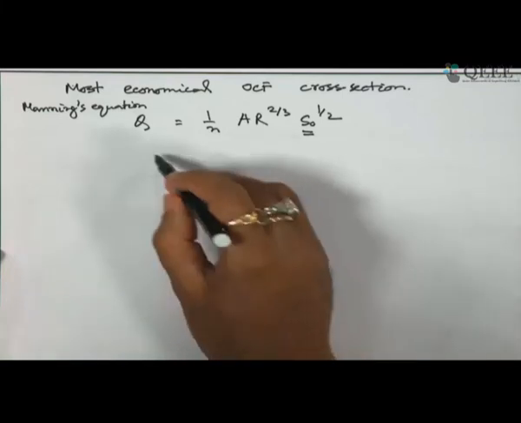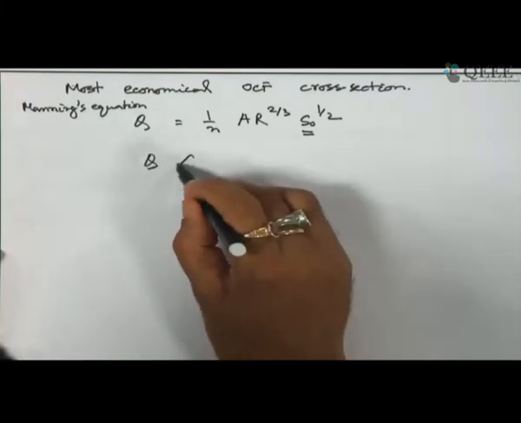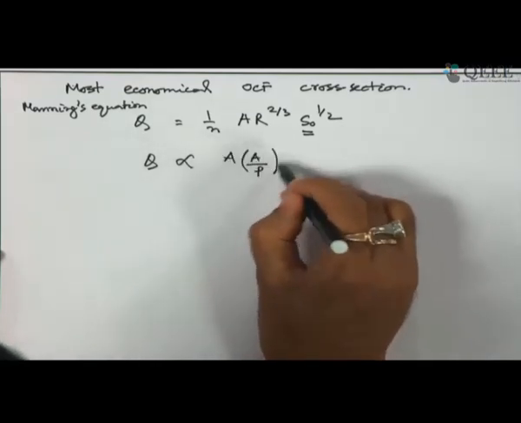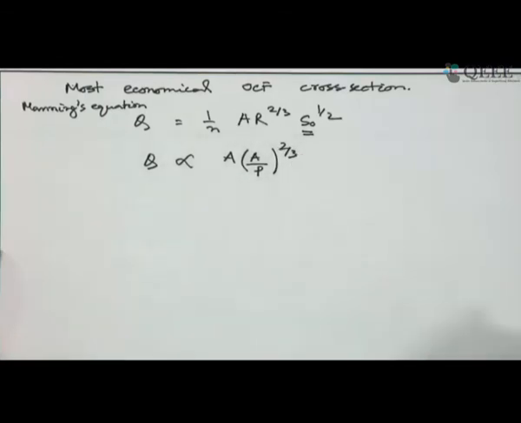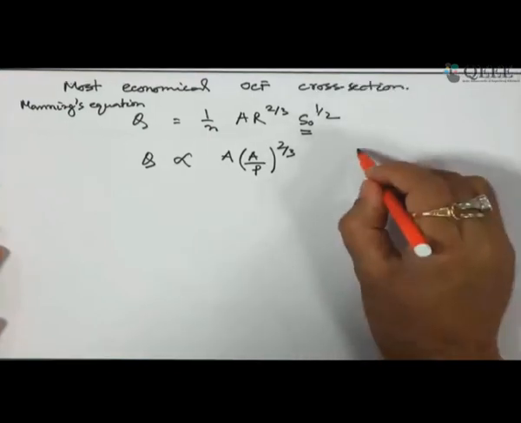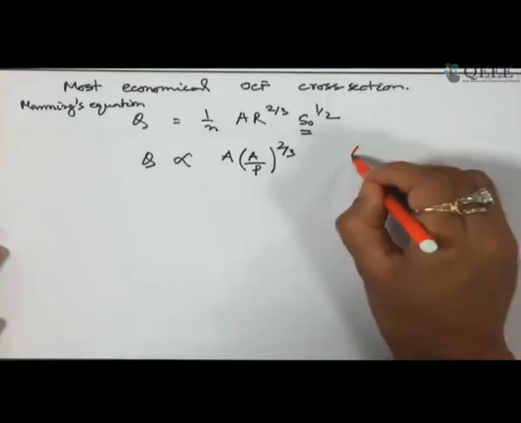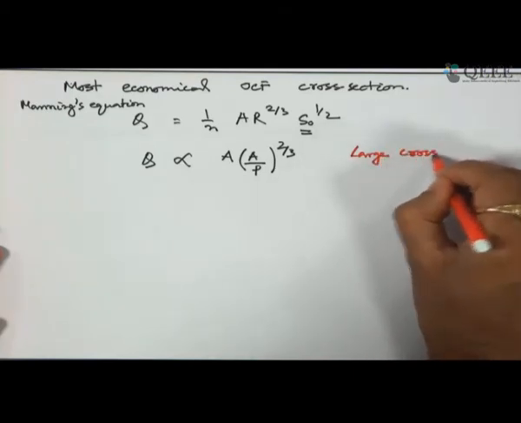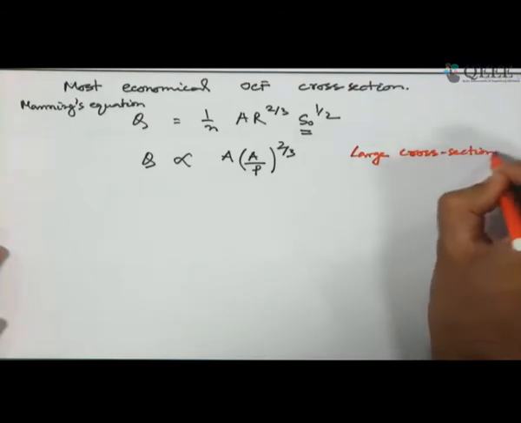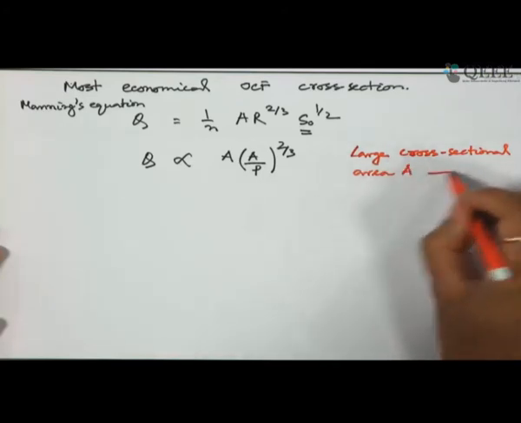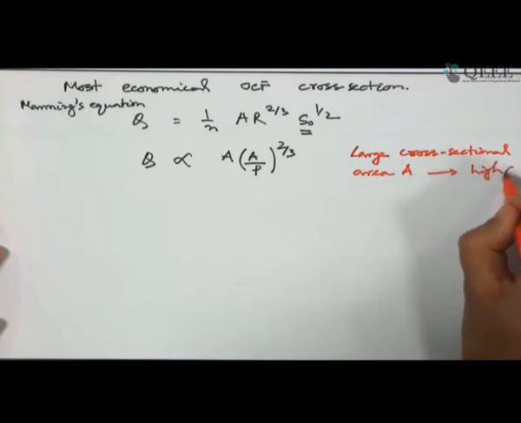For a given slope, the flow rate is proportional to A by P to the power 2/3. So, there are two conditions. If you have a large cross sectional area A, that will give high Q.